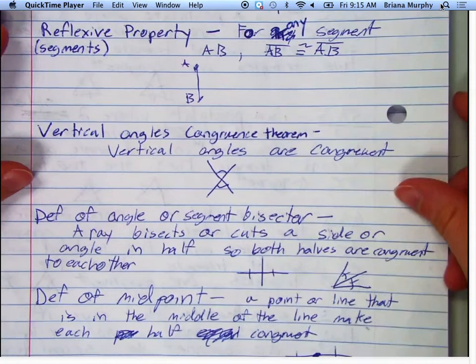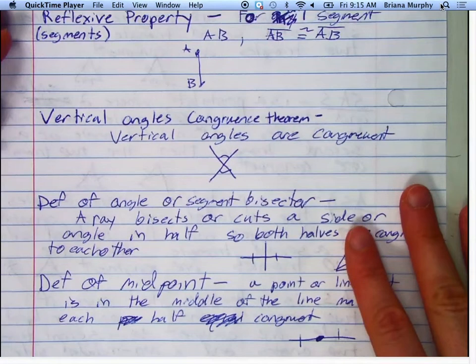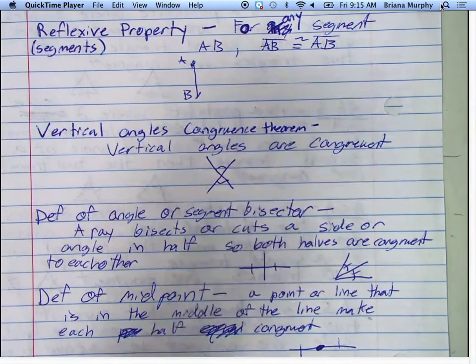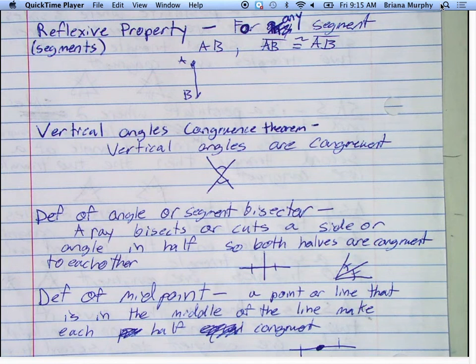We've got 5 more, and they're much shorter. We've got reflexive property. For any segment AB, AB is congruent to AB.